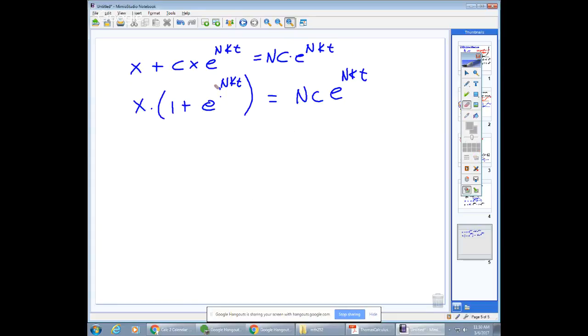Whoa. There we go. Yeah, e to the e. Yeah, those come up. Like today, we're going to see a log of a log. That happens too sometimes. So finally, we can say x is equal to nc e to the nkt divided by 1 plus e to the nkt.